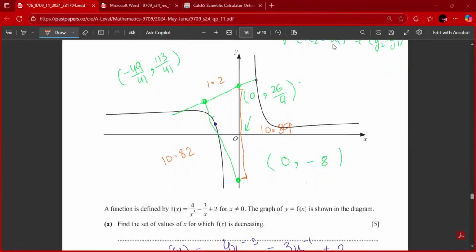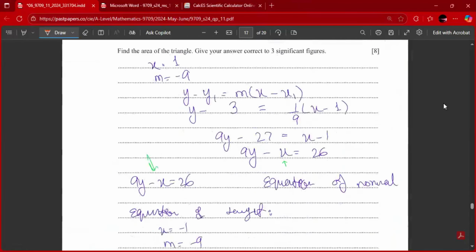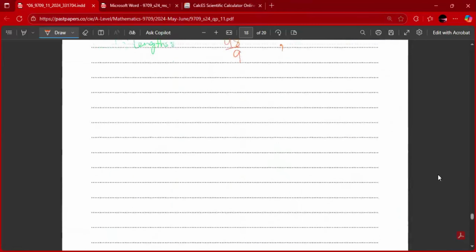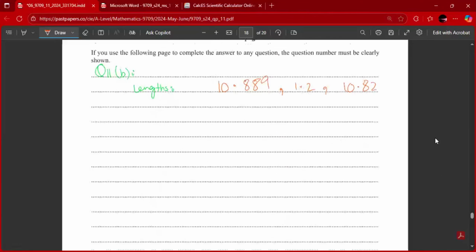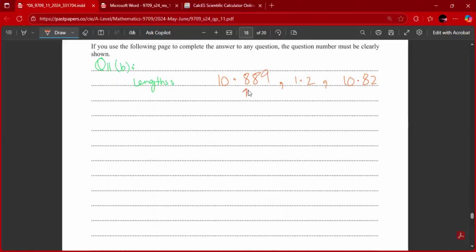But there's also another formula known as Hero's formula. We could use that if it's not a right triangle. But let's just stick to it being a right triangle. 1.2, 10.82, and 10.889, three lengths. So this is the largest length.